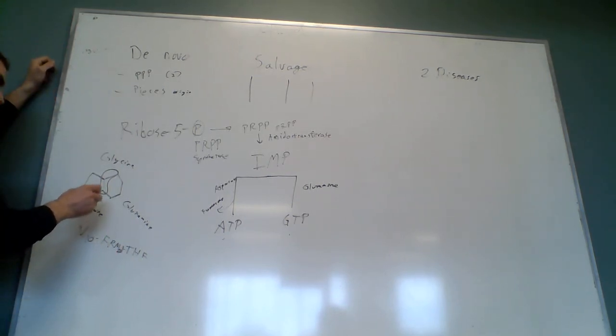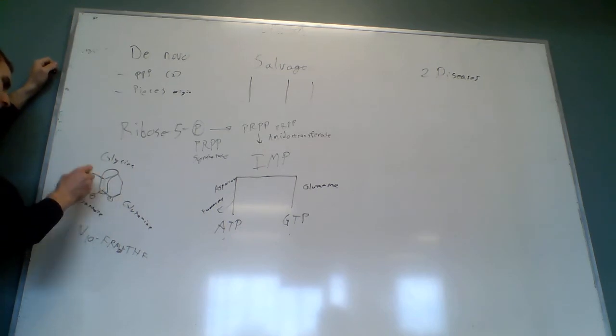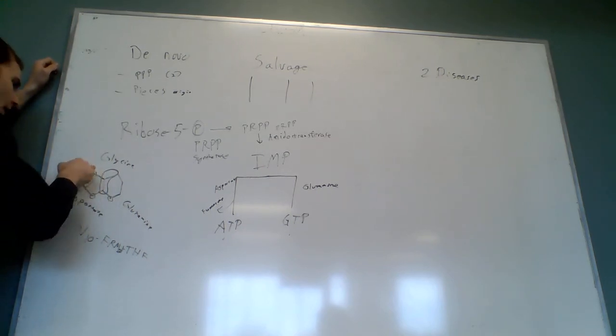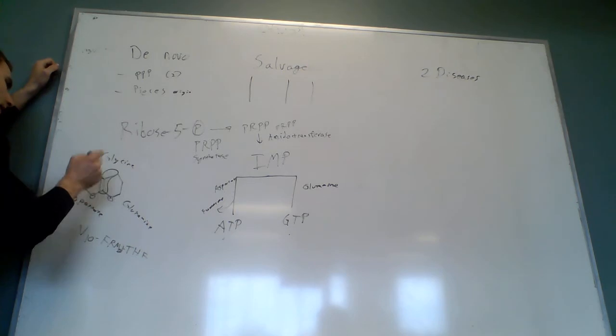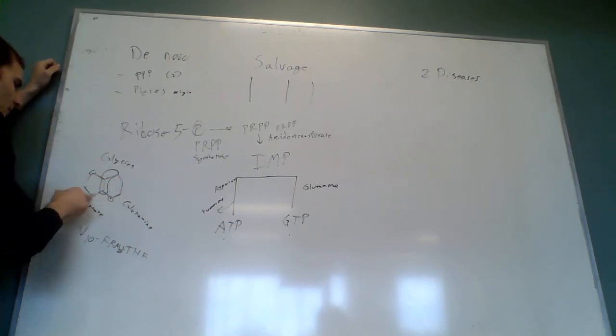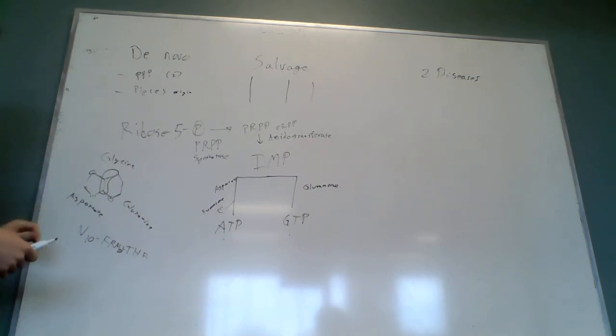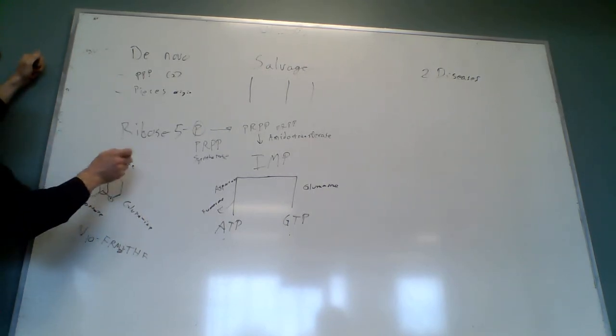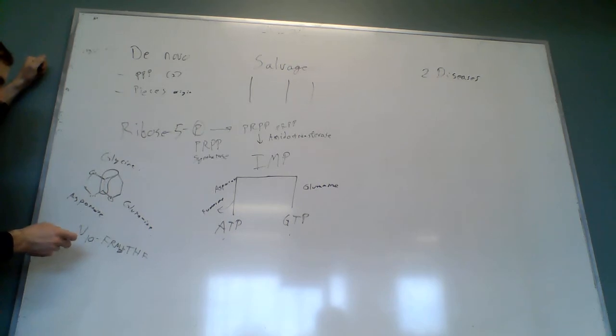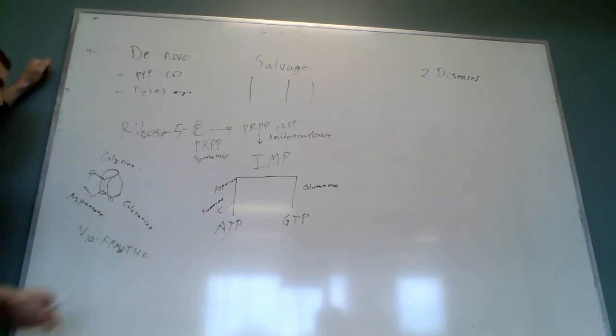And this donates a couple carbons, and I think it's that one, and then aspartate does like the, no, it doesn't matter which one, I'm being anal at the moment. It's that one and that one. Anyway, it doesn't matter which carbons are donated, just know that carbons come from glycine, glutamine, and aspartate, as well as N10 formyl thief, is how I remember it, and I just picture a thief in a tuxedo.